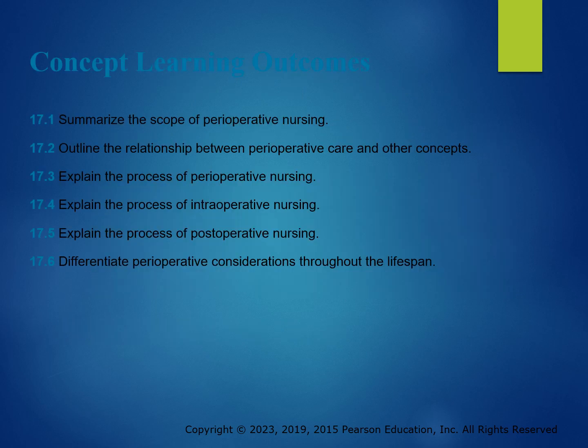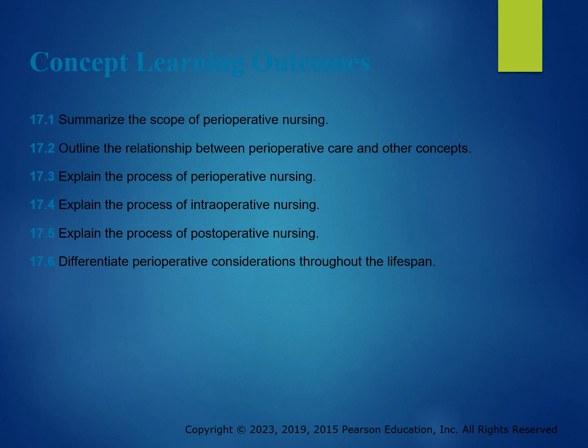So we're going to look at what is the scope of practice of perioperative nursing in the three different phases of the perioperative role. What is the relationship between perioperative care and other concepts? As you see in your textbook, on page 1393, you will see the concepts of assessment, comfort, infection, oxygenation, perfusion, stress and coping.